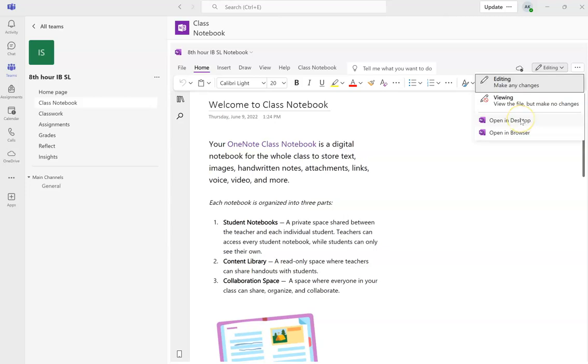So where it says Editing, you'll do the drop down and then pick Open in Desktop. And then you're all set. And you don't have to use Teams again this semester or in this class. I know. Just the easiest way to get it shared with you.